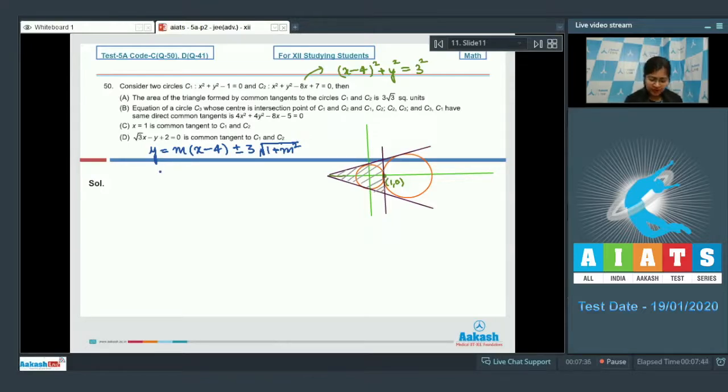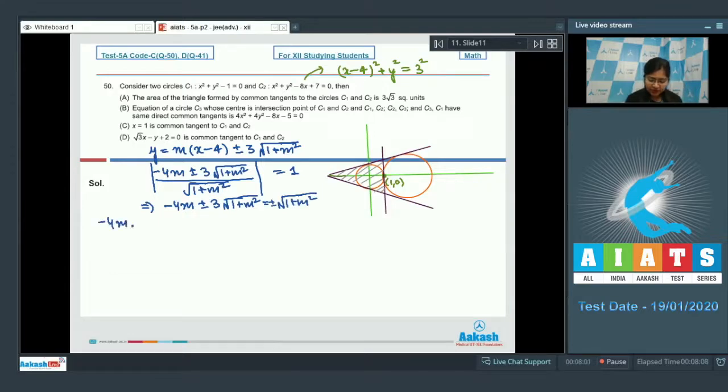So we have minus 4m plus minus 3 root 1 plus m square divided by root of 1 plus m square is equal to 1. Its modulus. So further solving we will get minus 4m plus minus 3 root 1 plus m square is equal to plus minus root of 1 plus m square.